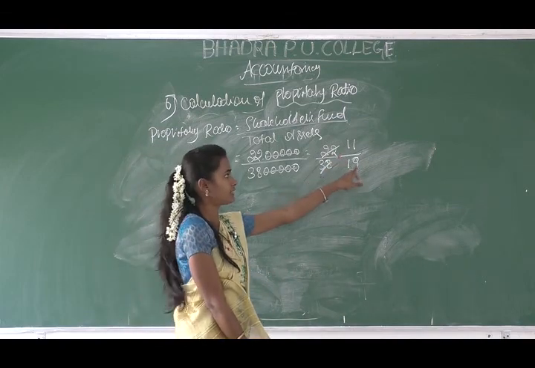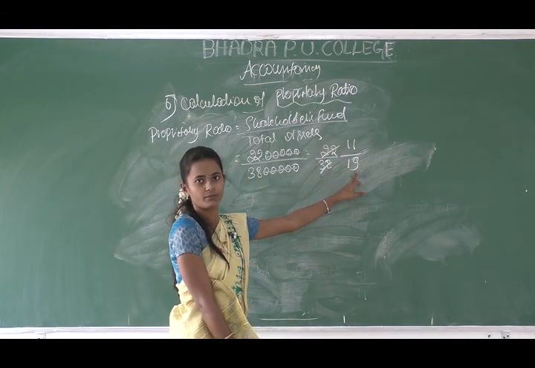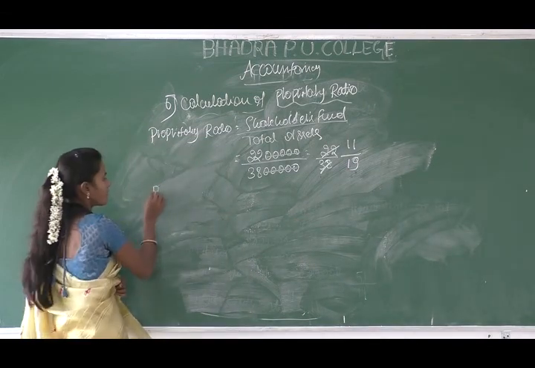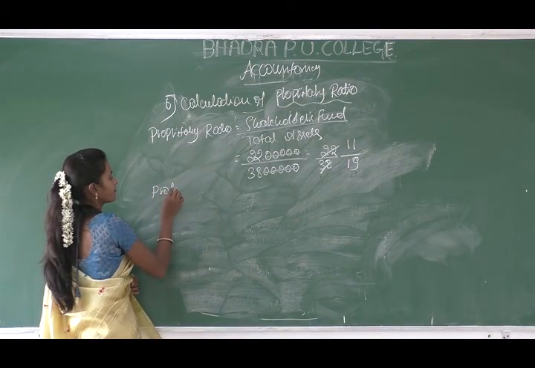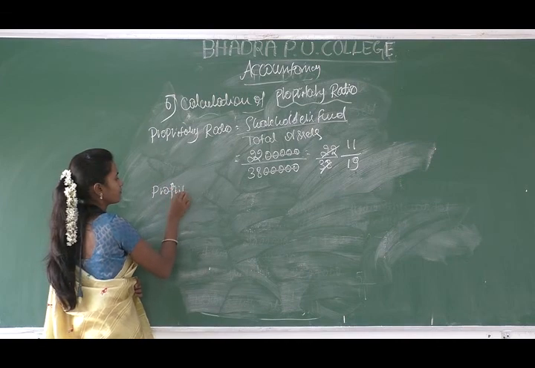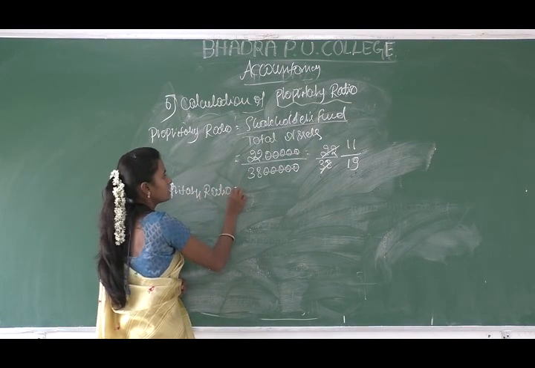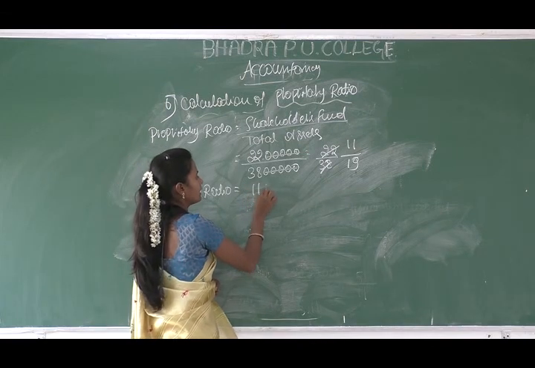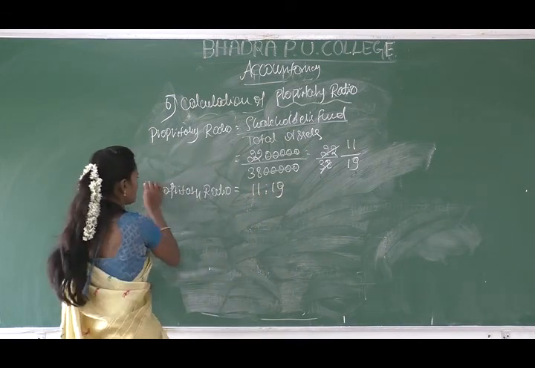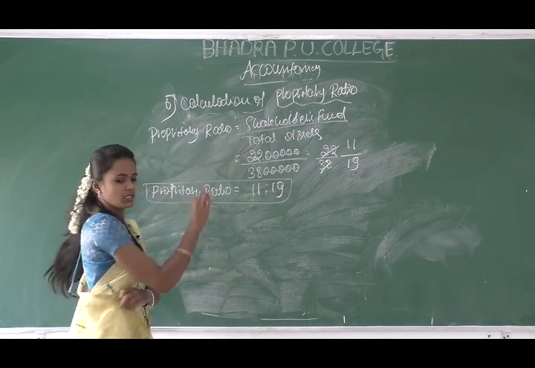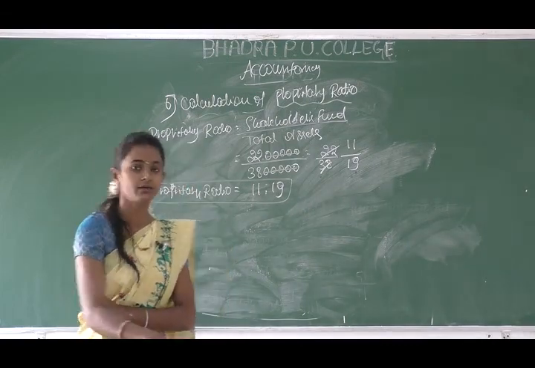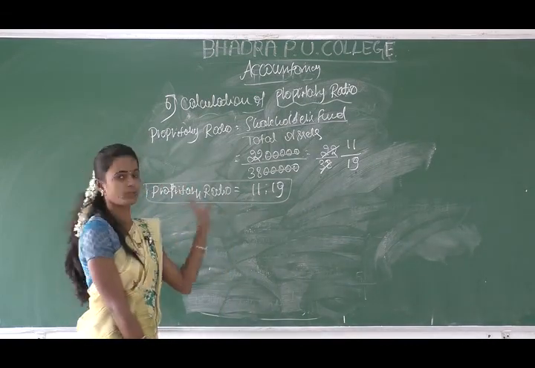So we got 11 divided by 19. So here proprietary ratio is equal to 11:19. Yes, 11:19, that is our proprietary ratio.